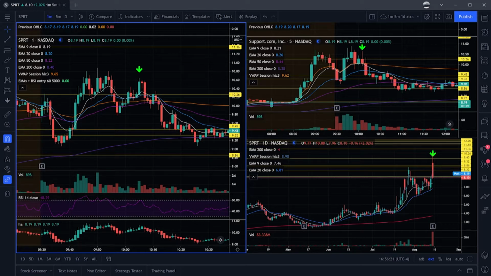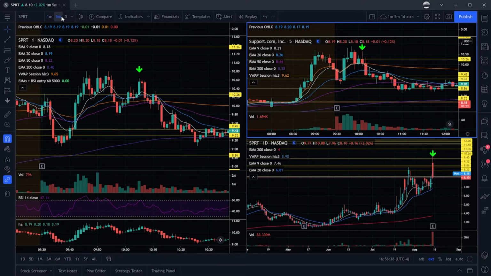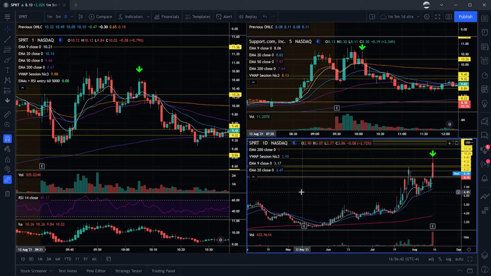This is the software I use for charting, and I have this layout for day trading, which is one window here for the 1 minute, as you can see here, one other window here for the 5 minute, and one window down here for the daily.